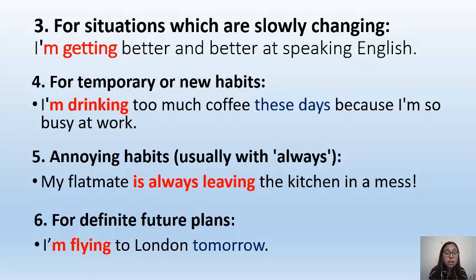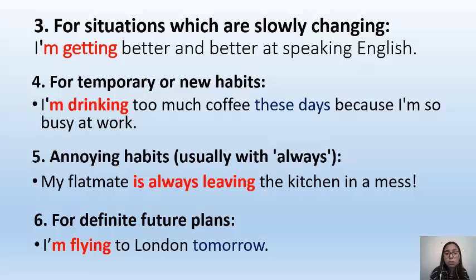In the case of the negative, you add the word not after the verb to be, and in the case of the question, you say, for example, is she getting better and better at speaking English? Are you getting better? The order changes and the verb to be goes at the beginning.